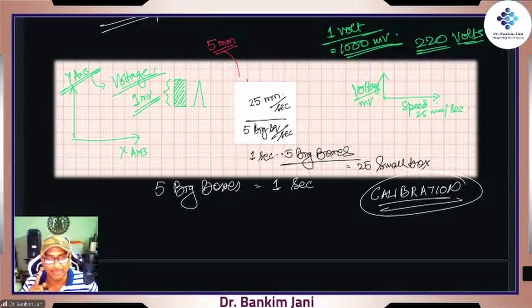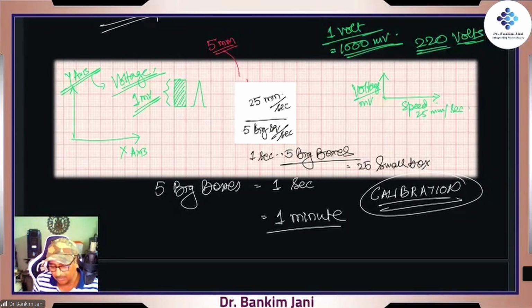So in 1 minute, how many big boxes would move? The question is, this is for 1 second. So in 1 minute, how many big boxes would move? That's right, 300 big boxes.